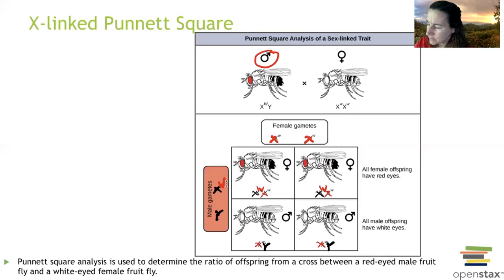Both of mom's X's have a recessive trait, and she has the white eyes. White is recessive. So here's our female. She's only going to show white eyes if she's got both of them, and she has white eyes. So she's got both genes, recessive, little w, for white eyes. So let's bring down her genes. Here's her little white eye genes on her X chromosome.